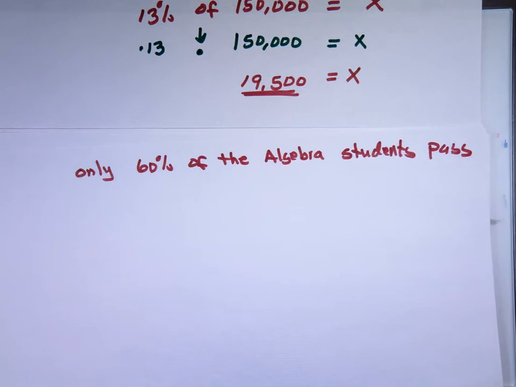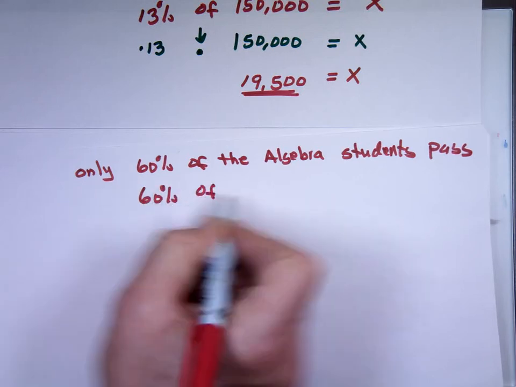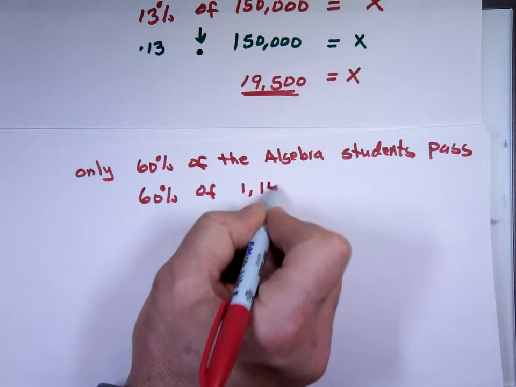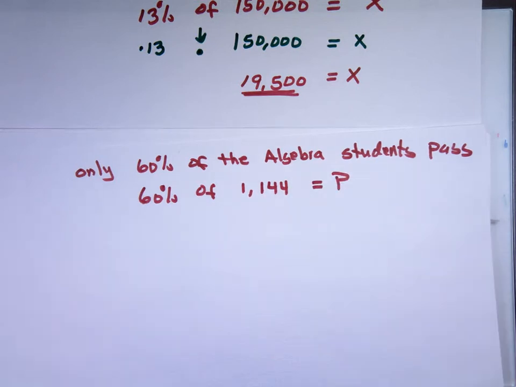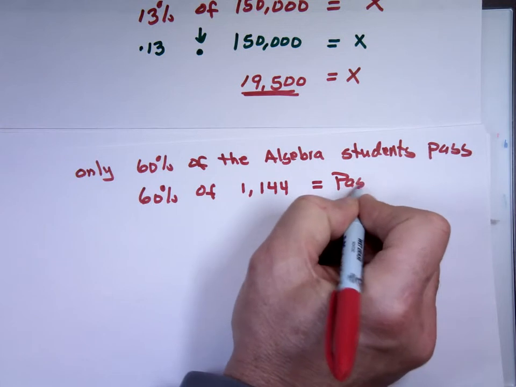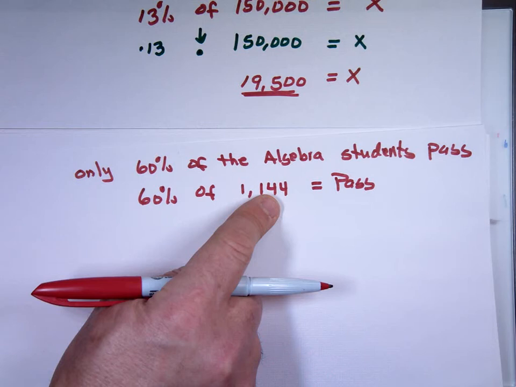At STCC, that's what the number is, roughly 60%. I know how many sections we have, so 60% of 1,144 students will pass the course. How many of these 1,144 people who take algebra pass it?